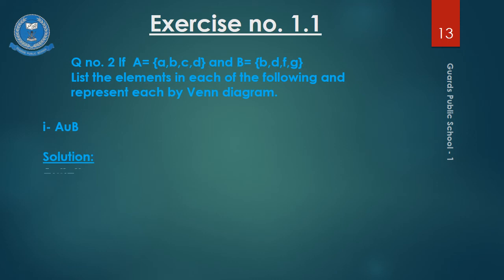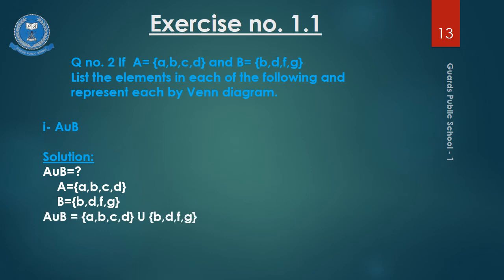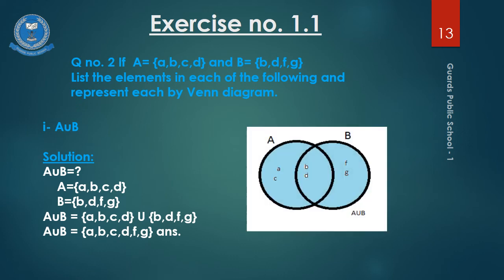So in order to find A union B, you have to write the set A union the set B, and A union B will be the elements belonging to both the sets, and these elements will be A, B, C, D, F and G. Now in order to draw its Venn diagram, first of all we will see the sets which we have been given.